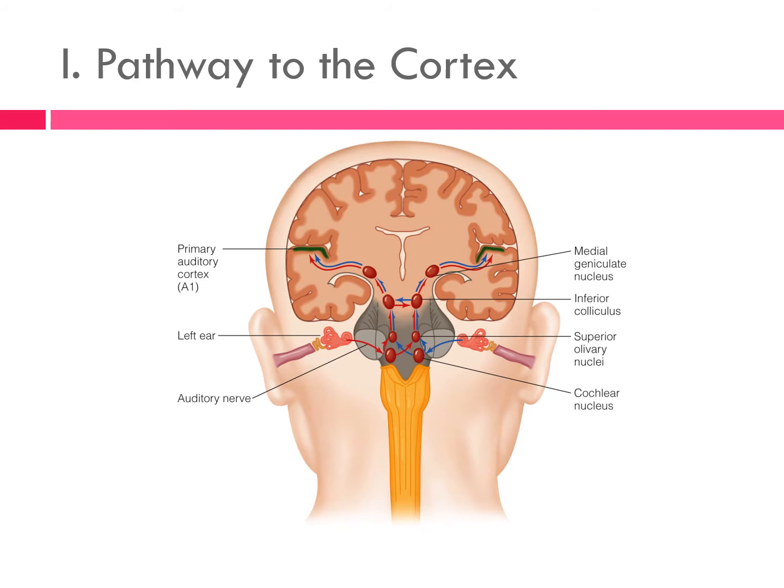But as I'll show you on the next picture slide, most of it is contralateral, crossing over to the other side of the brain. So when I'm hearing a sound in my right ear, it's going to travel over to the left hemisphere.